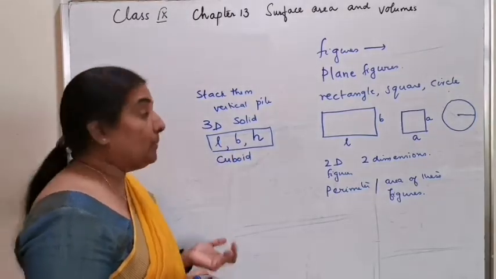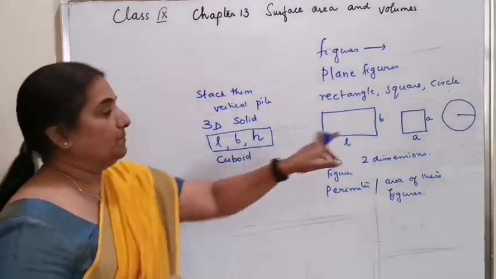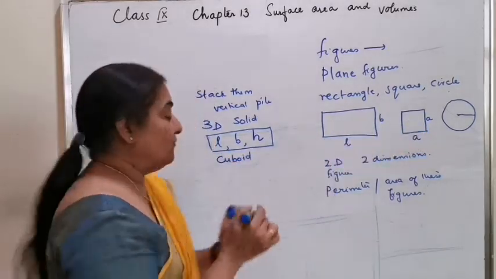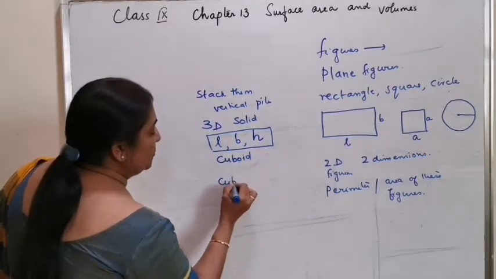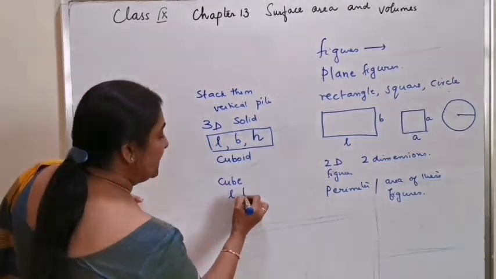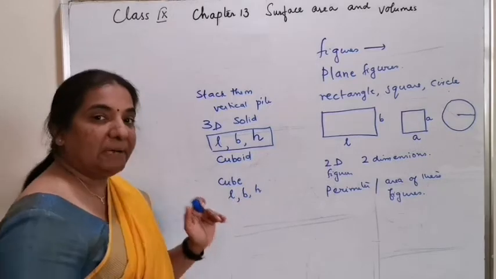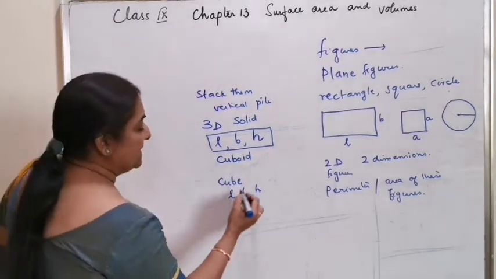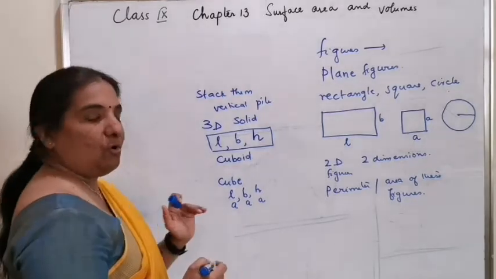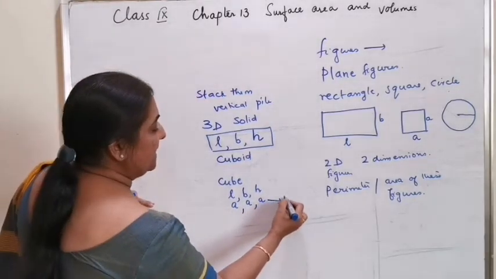So what will be the solid formed with the cutouts made with squares? We call it a cube. A cube also has three dimensions of length, breadth and height, but the peculiarity is that length, breadth and height will all be of the same measure.